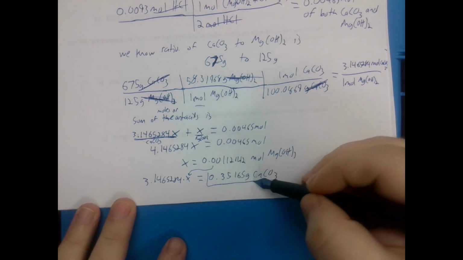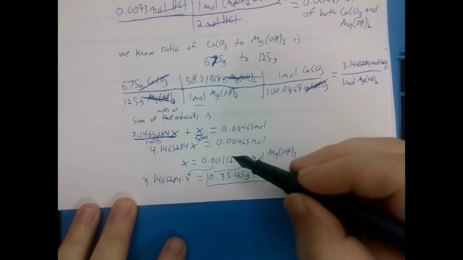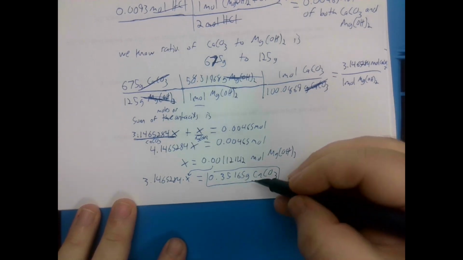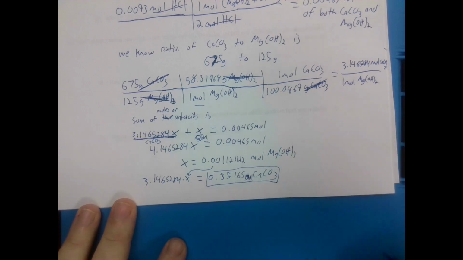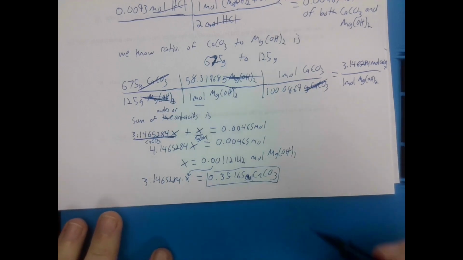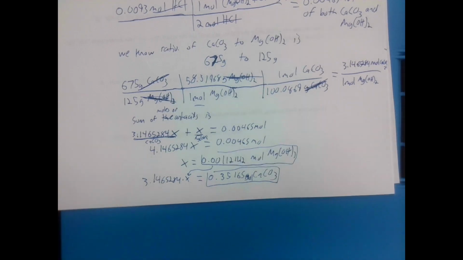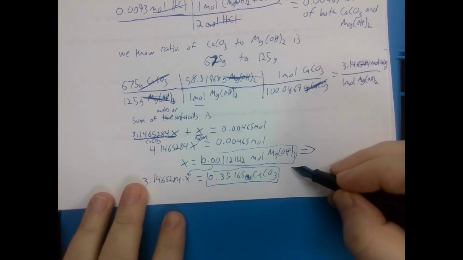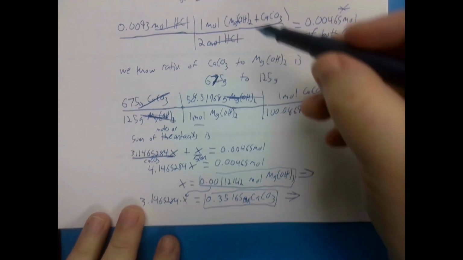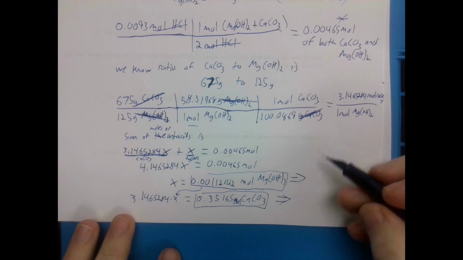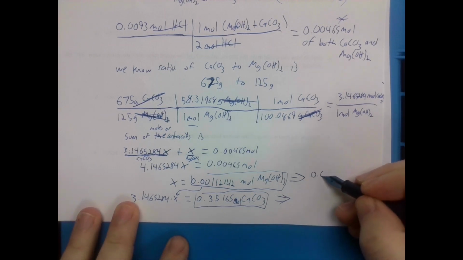So this is how many moles I have, and this is how many moles of that I have. So I can convert these two numbers into grams, using grams per mole.